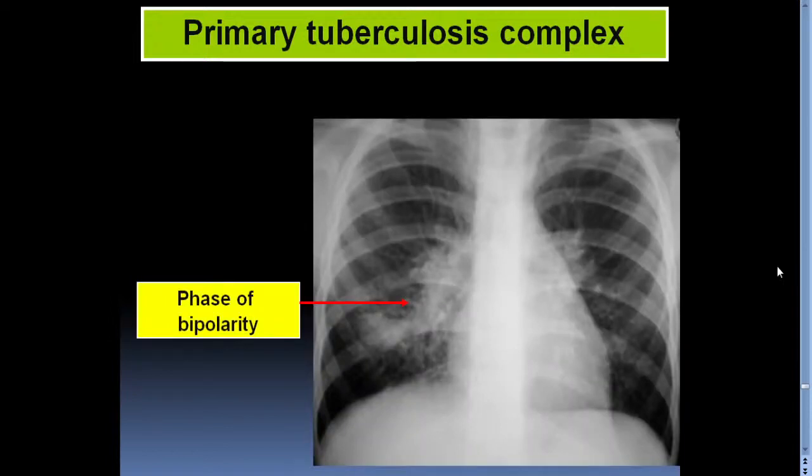Here we can also see the phase of bipolarity. All components are visible: infiltration in the lung tissue, lymphangitis, and enlargement of lung root.